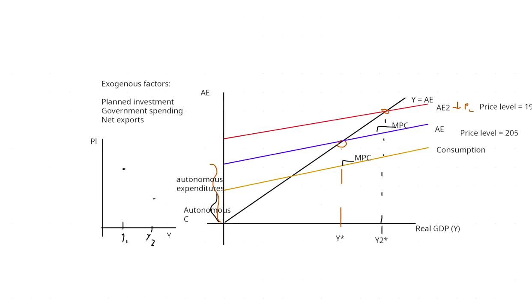So this is a L, not an I. And then we can connect the dots. When we connect the dots, we end up with our aggregate demand curve.